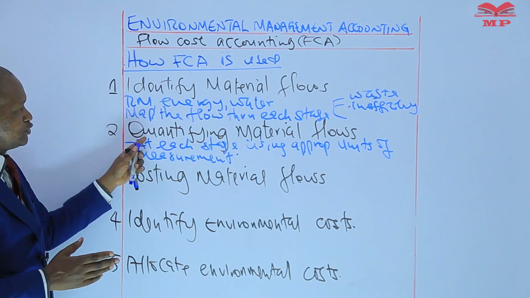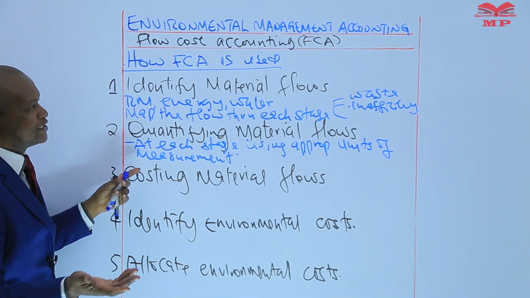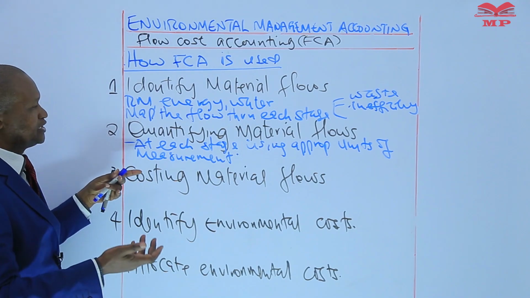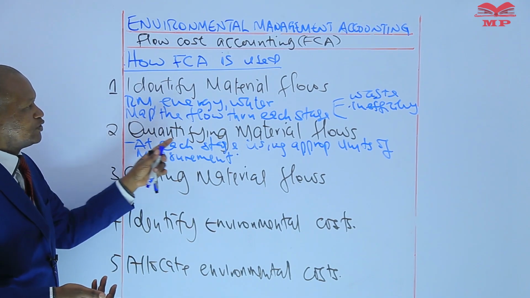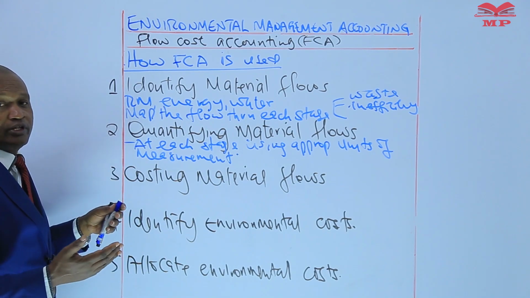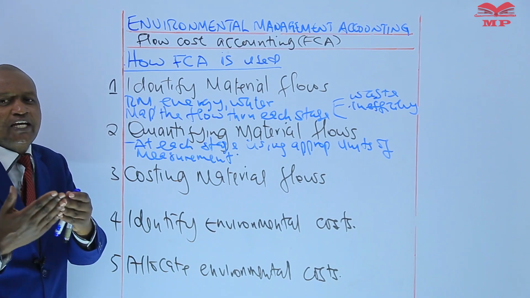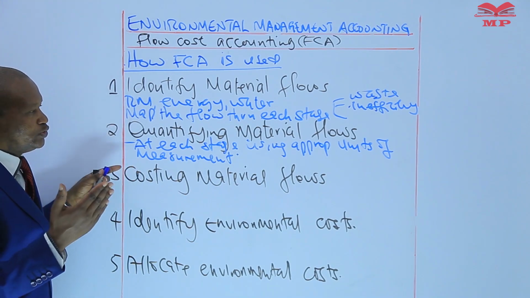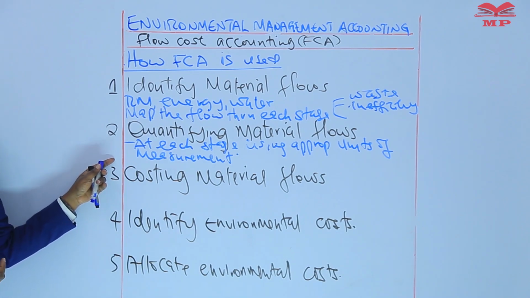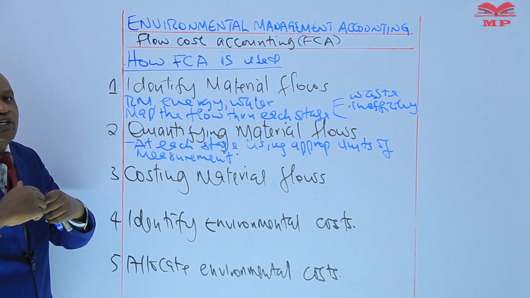At every point, you come to step number 2, then quantify the tons that are wasted at stage 1. What are the inefficiencies at stage 2? So the purpose for quantifying here, candidates, is to enable the organization analyze the data to identify areas where usage of materials can be reduced, or where there could be an alternative material with the lower environmental impact.